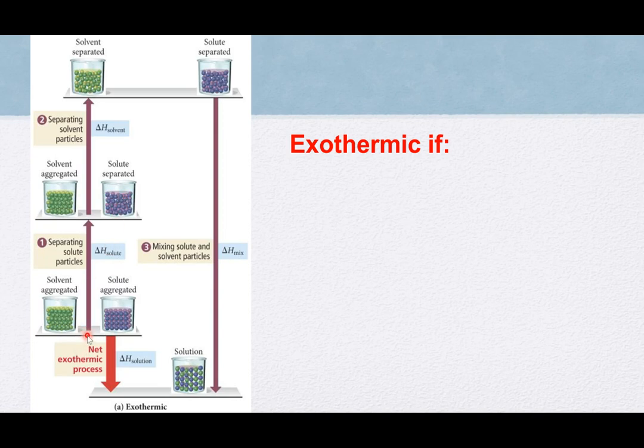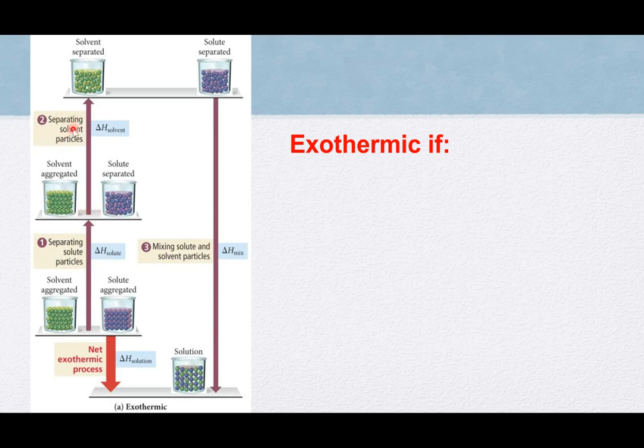In order to break apart those interactions, we know that we're going to have to put energy into the system. It's an endothermic process. That's why we have low energy here. I'm going to have to add energy to climb up the ladder to get my solute separated. Okay, so that's step 1, putting energy in to separate those particles.